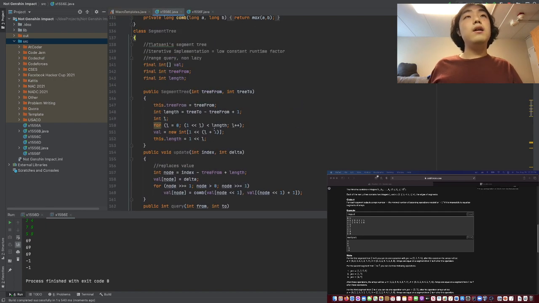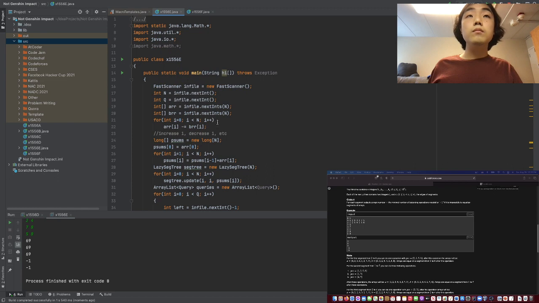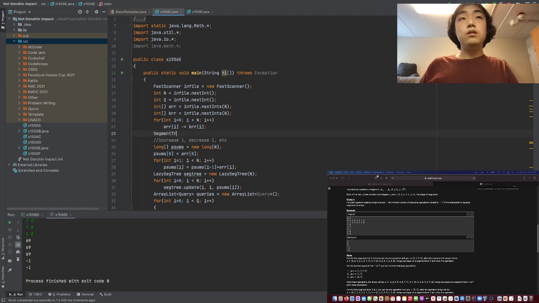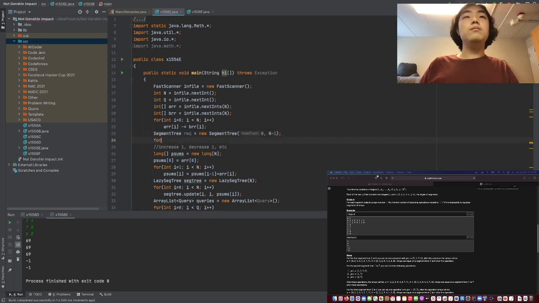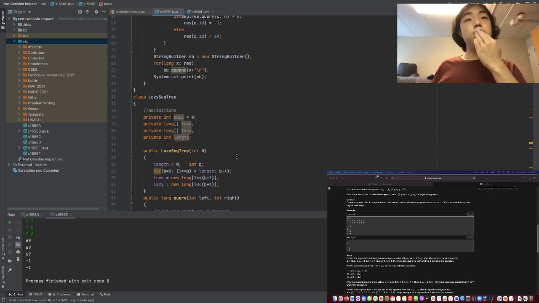It's just math.max. Segment tree RMQ to get the new segment tree from 0 to n-1. RMQ.update at I, absolute value of array at I.